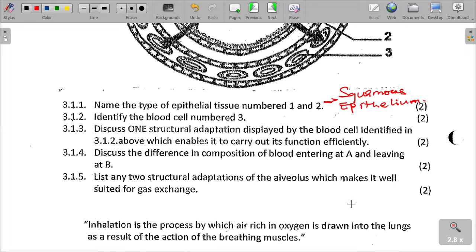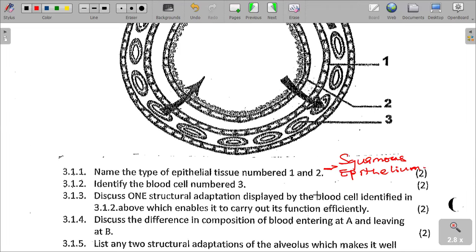And then the next question is: identify the blood cell numbered 3. What is the blood cell numbered 3? It is called the red blood cell. This is a red blood cell, which we sometimes also call the red blood capsule.